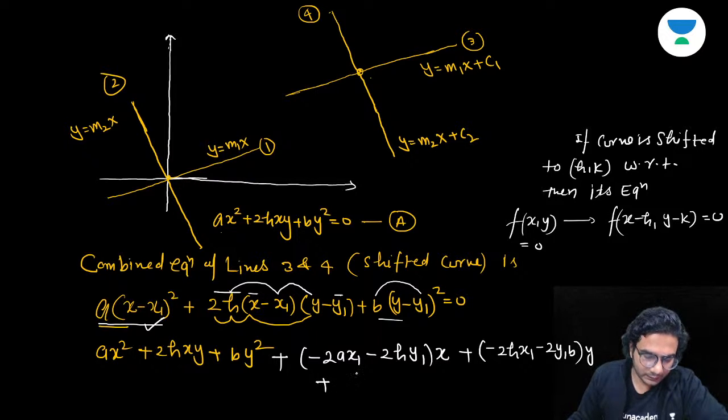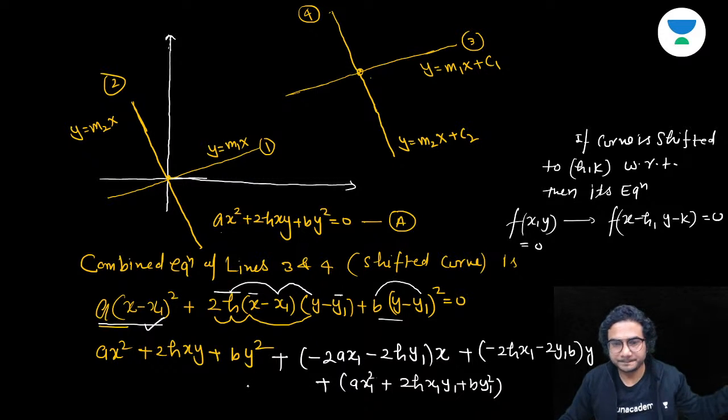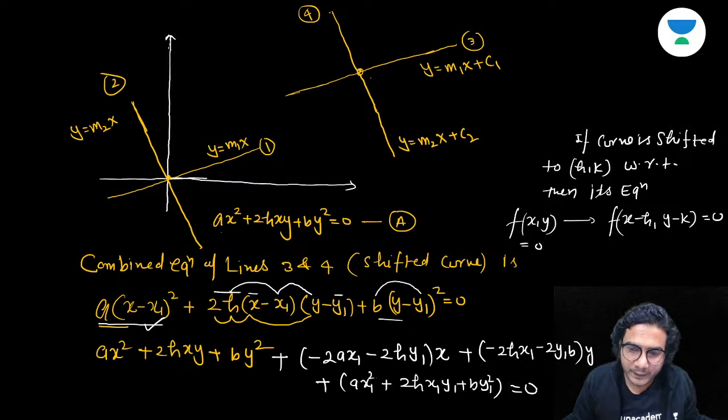Are you understanding the calculation? Plus the constant term. Constant term you'll get ax1 square in the first term, plus 2hx1y1 in the second term, and plus by1 square in the third term. All right. So this is the kind of equation we are getting.